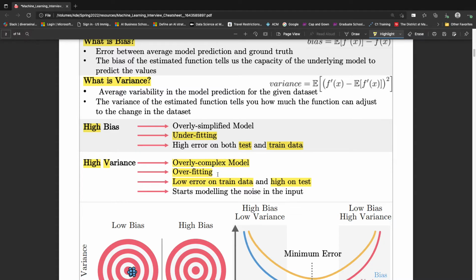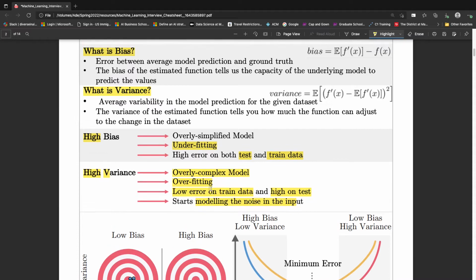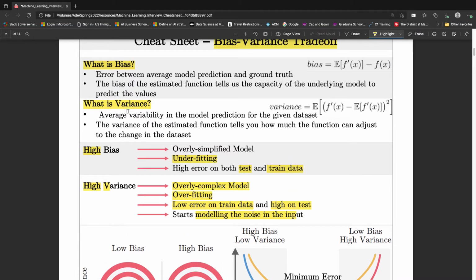It's just memorizing everything, and starts modeling the noise in your input. I've not seen variance defined this way before. They say it is the variance of an estimated function, telling us how much a function can adjust to a change in the data set. I've not seen this style of definition before, and I love the way they put it here.